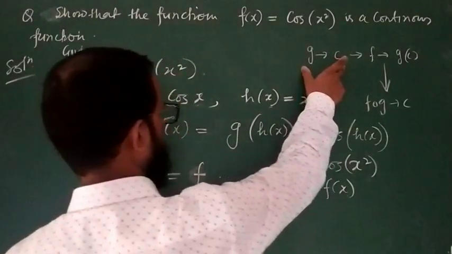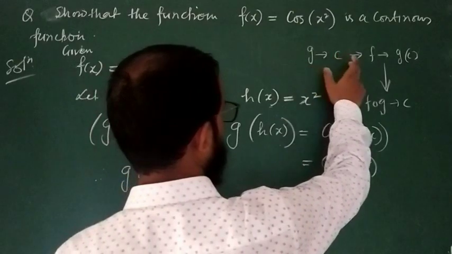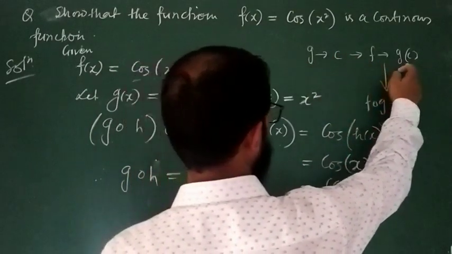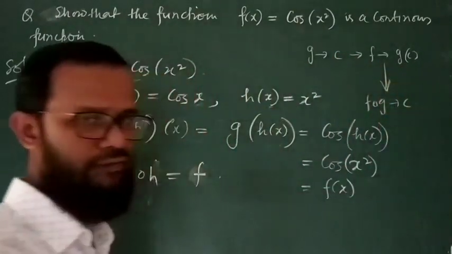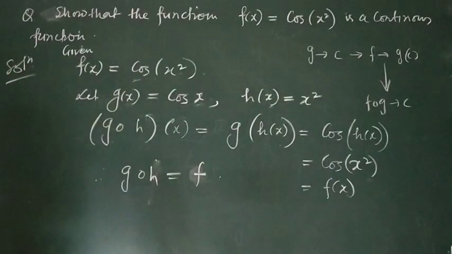This theorem says that if g is continuous at c and f is continuous at g(c), then f composite g is continuous at c.